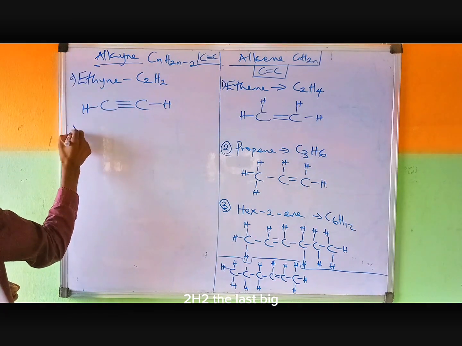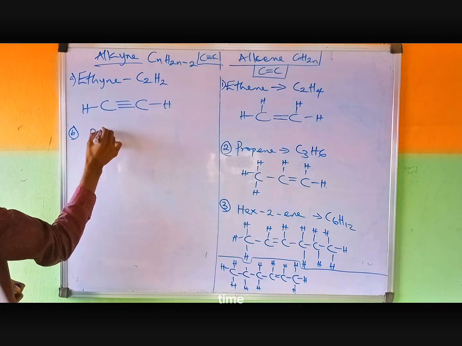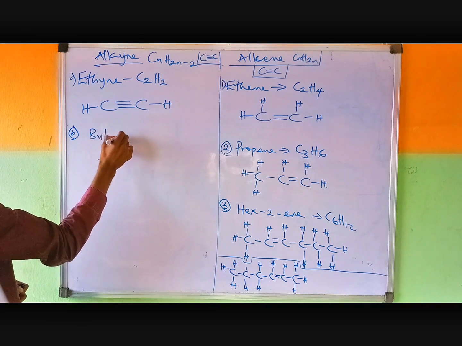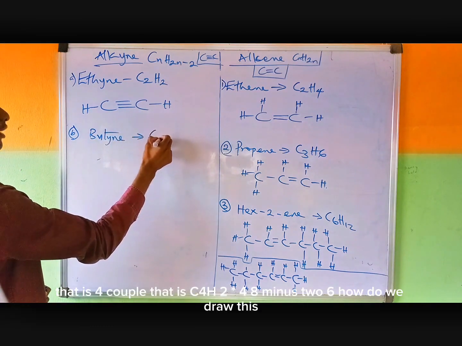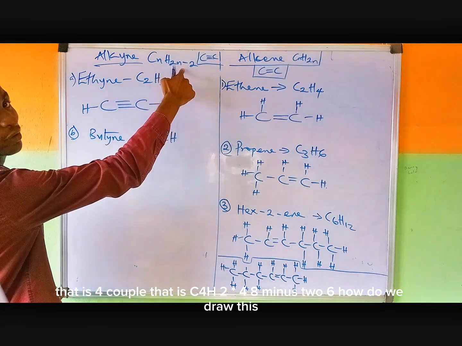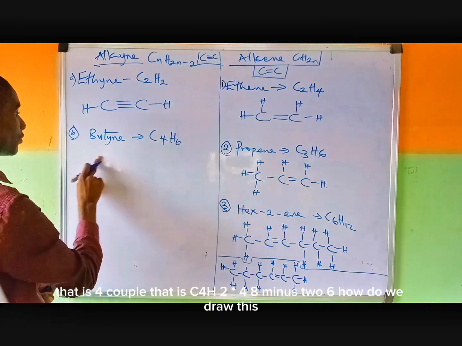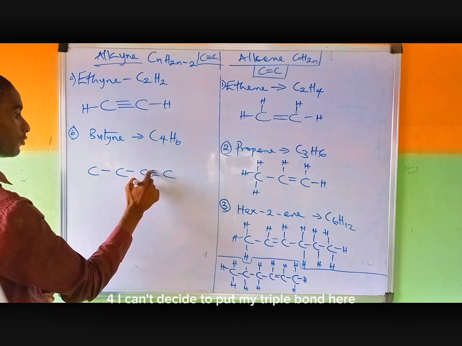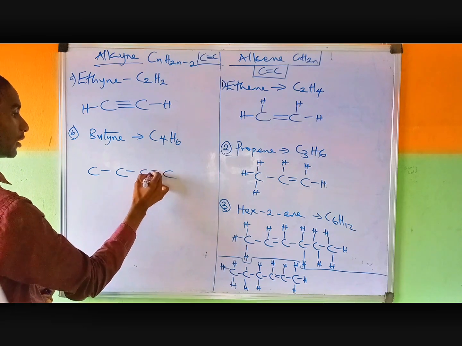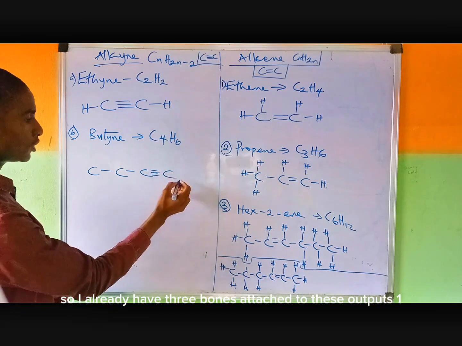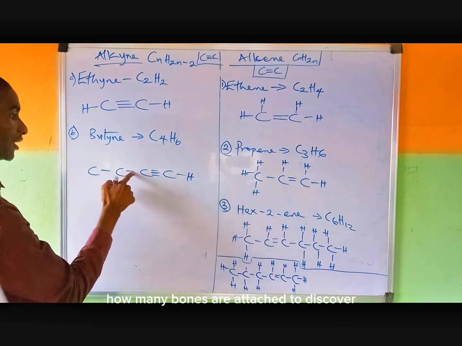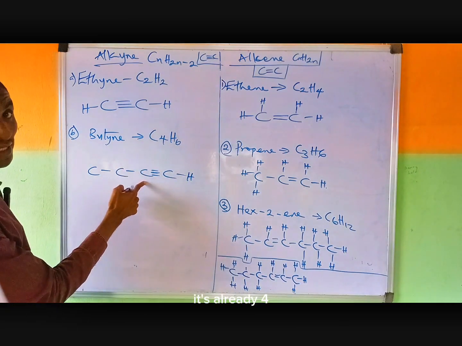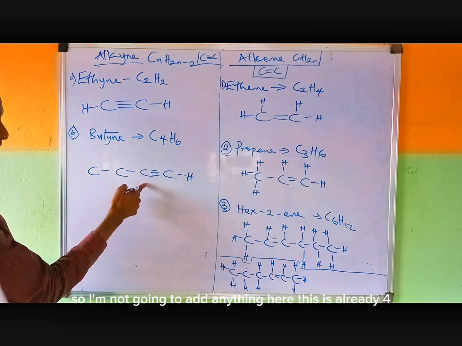Then let's pick butyne. Butyne, that is 4 carbon, that is C4H, 2 times 4, 8 minus 2, 6. How do we draw this? 1, 2, 3, 4. I can decide to put my triple bond here. So I already have 3 bonds attached to this, I'll put 1 more. How many bonds are attached to this carbon? It's already 4. So I'm not going to add anything here.